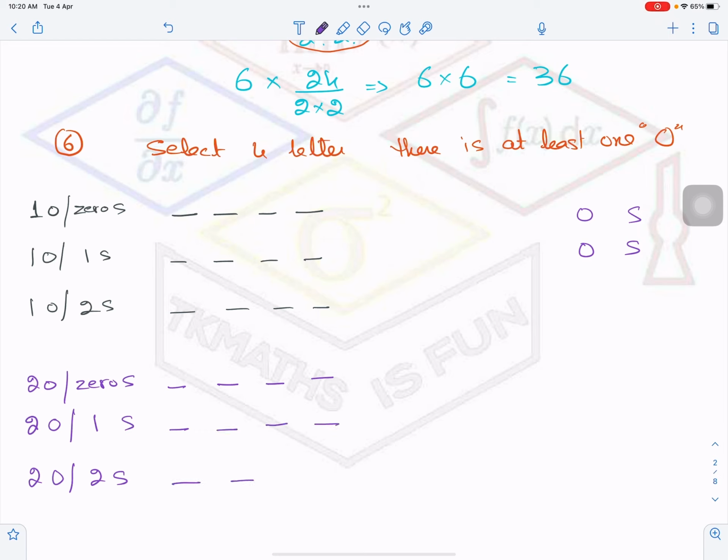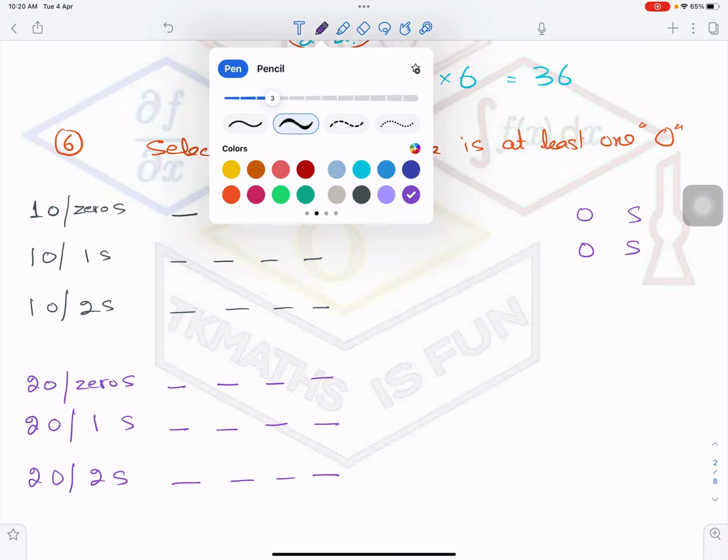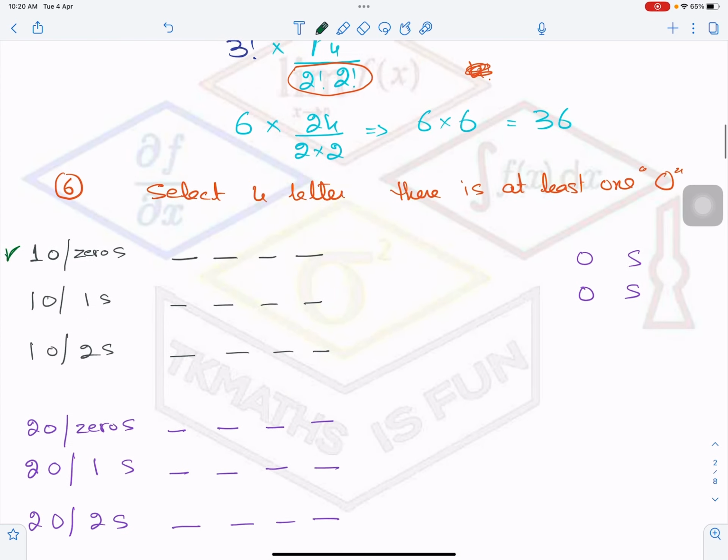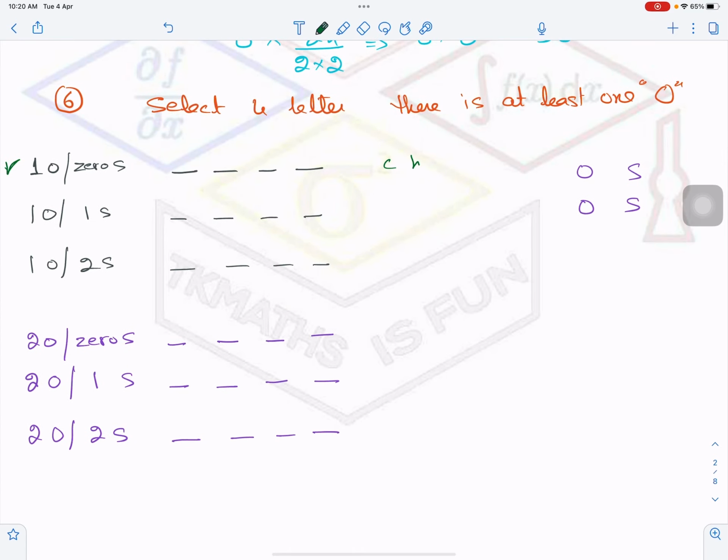Okay, so let's take one by one. First of all, for example, we are taking the case where it is 1 O with 0 S. So in school, the other letters are what? C, H, L. So CHL are the letters which we will select from. 1 O means the place is gone with O. Remember, you are selecting, order is not important.